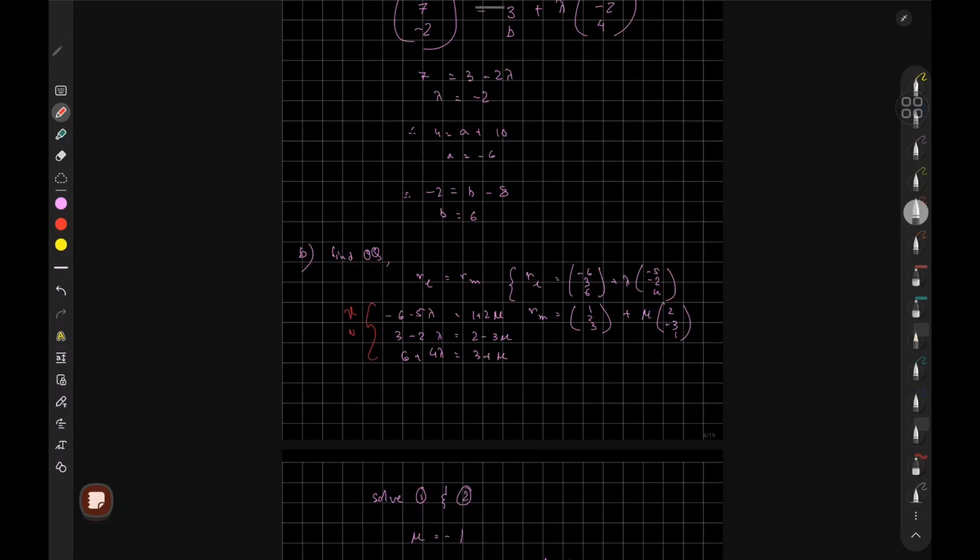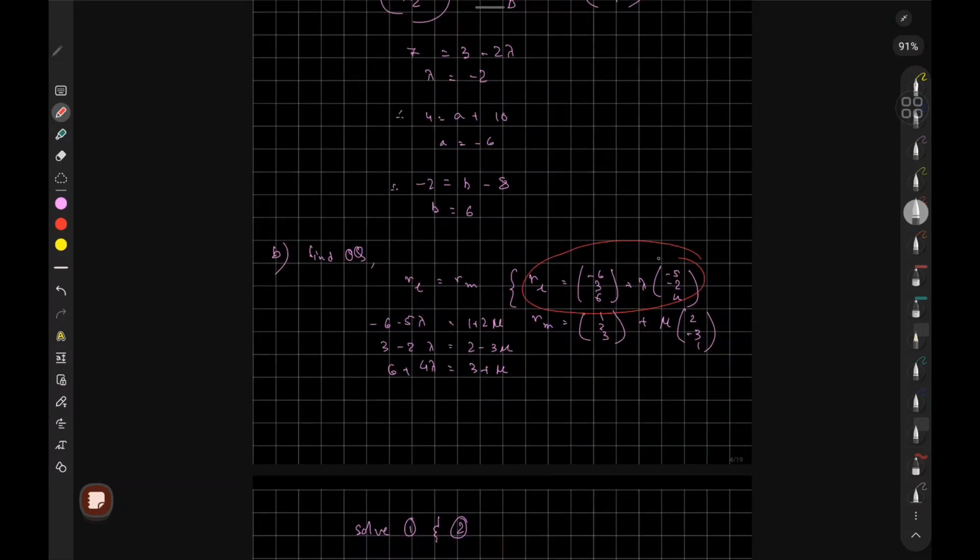One for X, one for Y, one for Z. So these are both of your equations, and you're going to compare this and this, then this and this. Basically take all the values and compare.